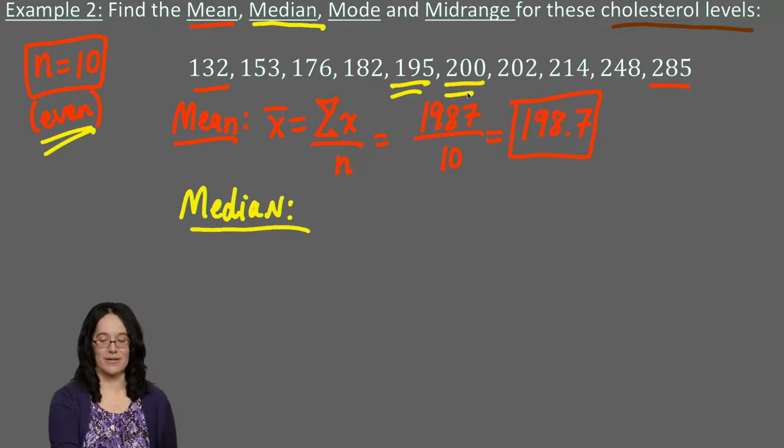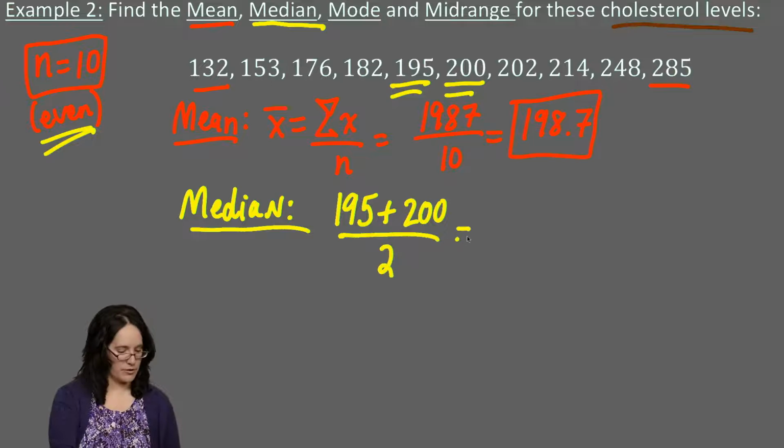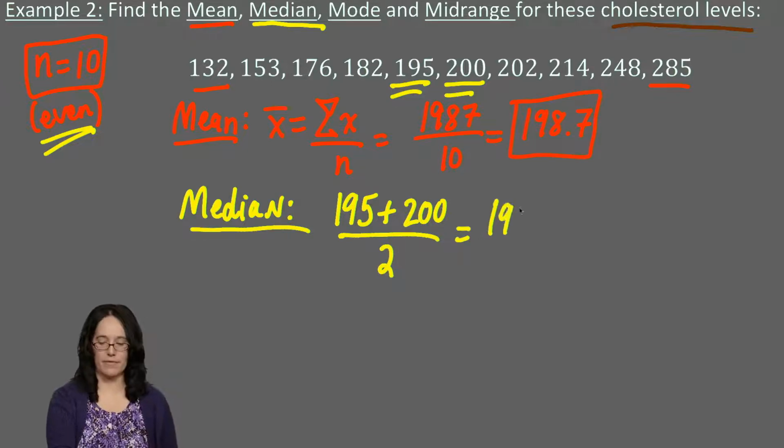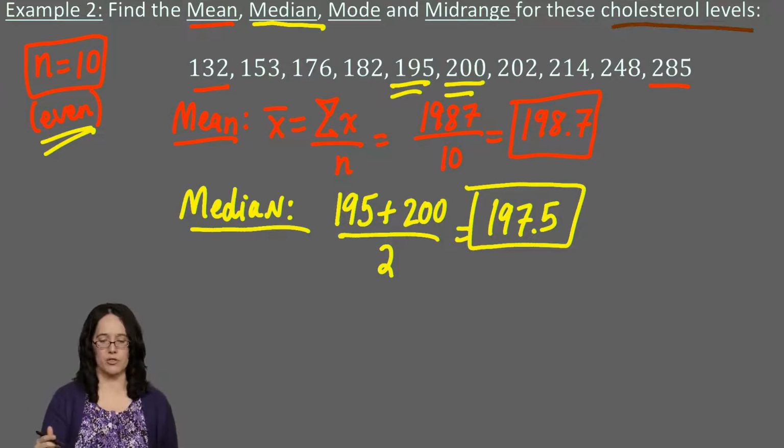And then the next one is the 6th value. So I would take 195 plus 200, take the average of my 2 middle values, and what did we get when we did that? Did you get, divided by 2 of course, 197.5 without having to round it all? That's what I got. And again, those numbers are pretty close, the mean and the median so far, so it's a nice compact set of data that approaches what we call a normal distribution potentially.